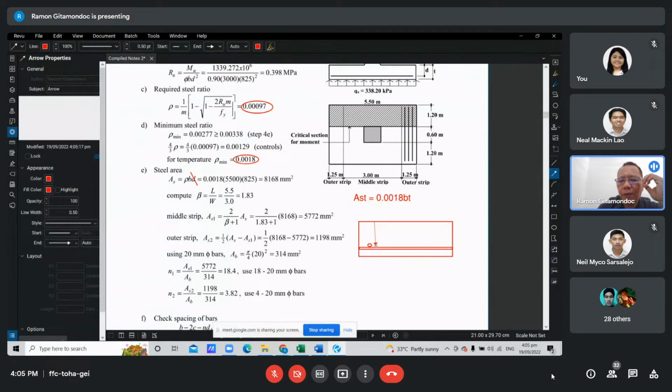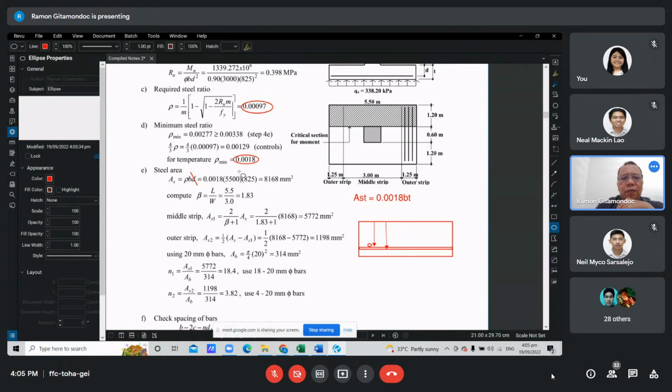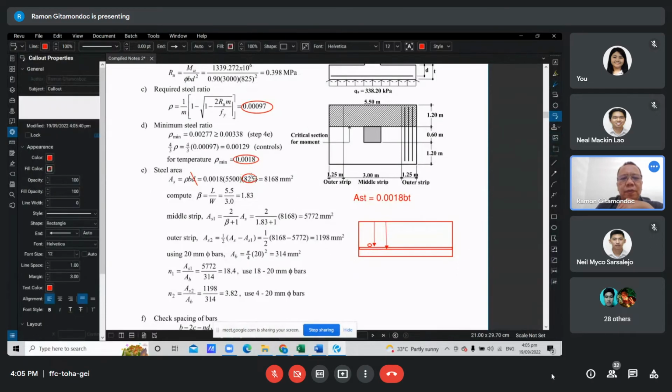The effective depth for the short direction is thus 1 bar diameter less than the long direction calculation. But again, as I already noted, instead of 825, just make this correction here, because temperature will govern. Use the thickness.